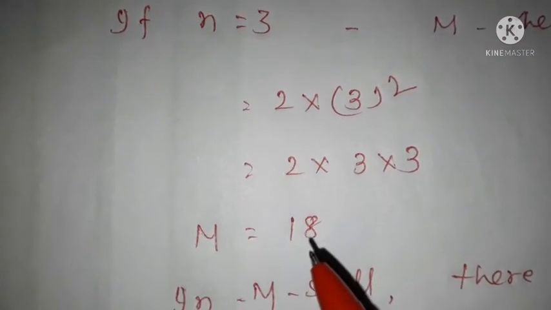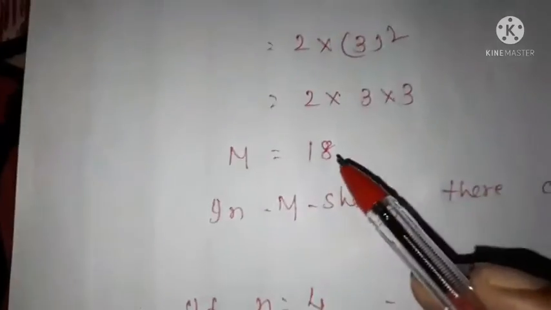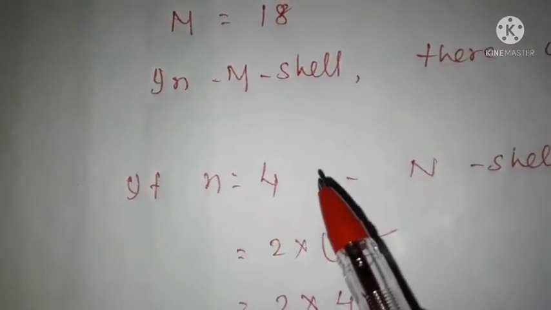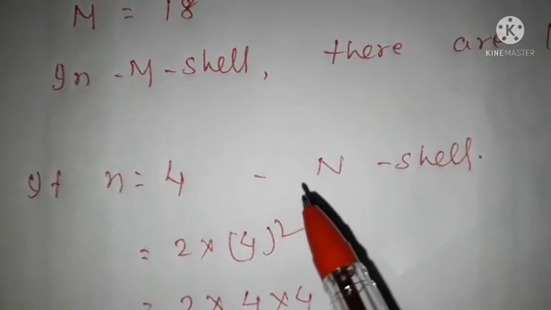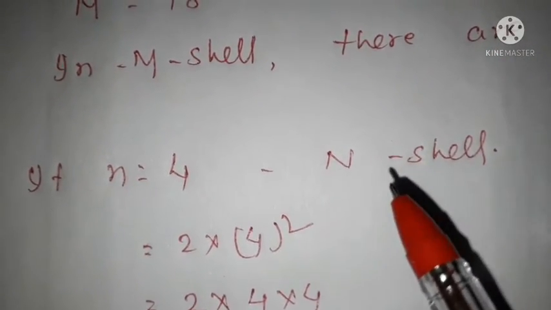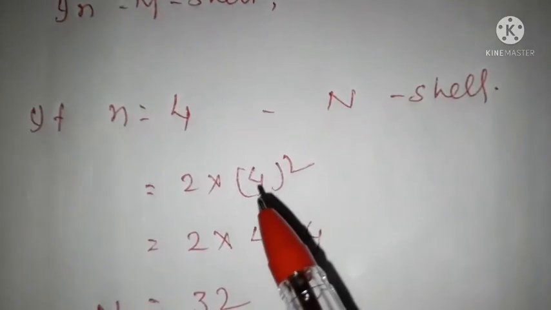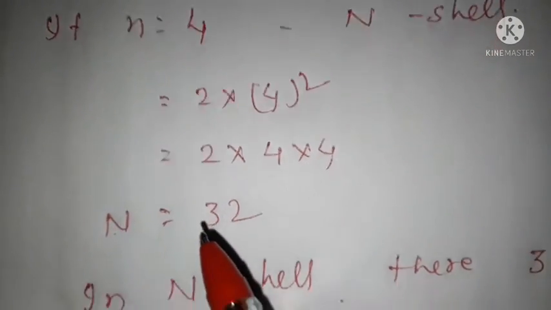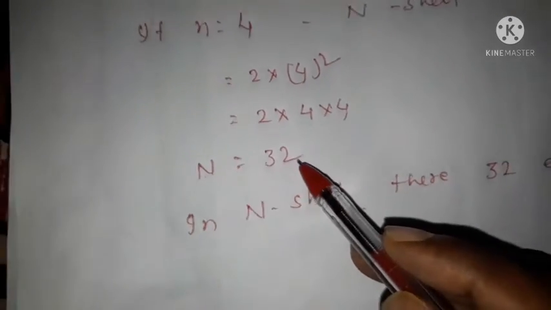M contain 18 electrons. So if we take n is equal to 4, then calculating by using 2n square, 2 into 4 square, we will get 32 electrons in N cell.